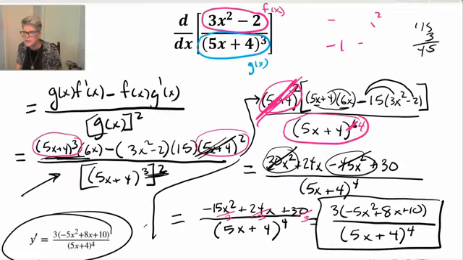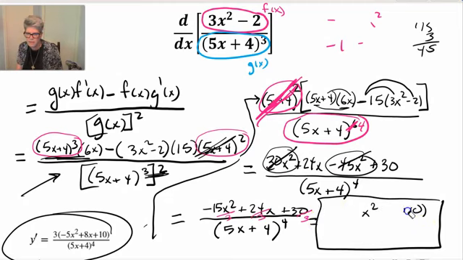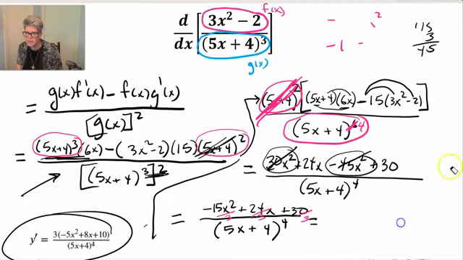Okay, now, personally, if it had been up to me, and you might see it this way in other books, I would have taken out a -3. Because books like to have the leading term being positive.